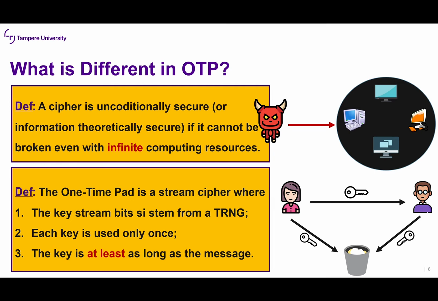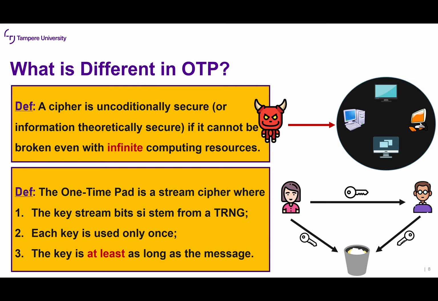Now, OTP has one more property which is really important. The key is at least as long as the message. So you cannot use a key that has a smaller length than the message that you wish to encrypt, because if you have a smaller key, then in order to encrypt all the bits of the message, you need to start repeating some part of the key.